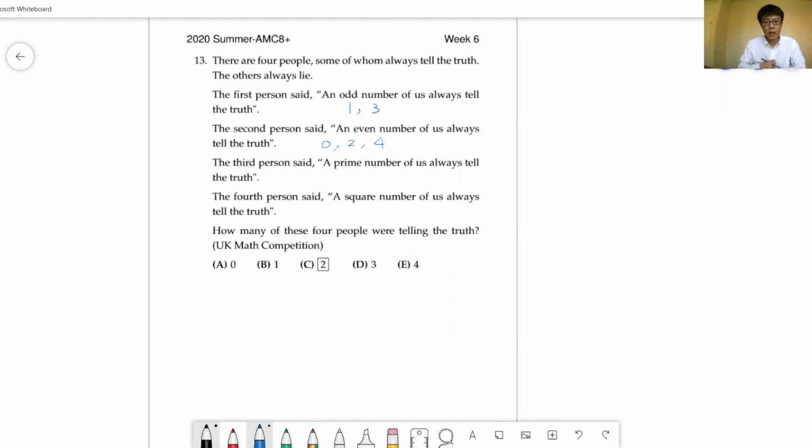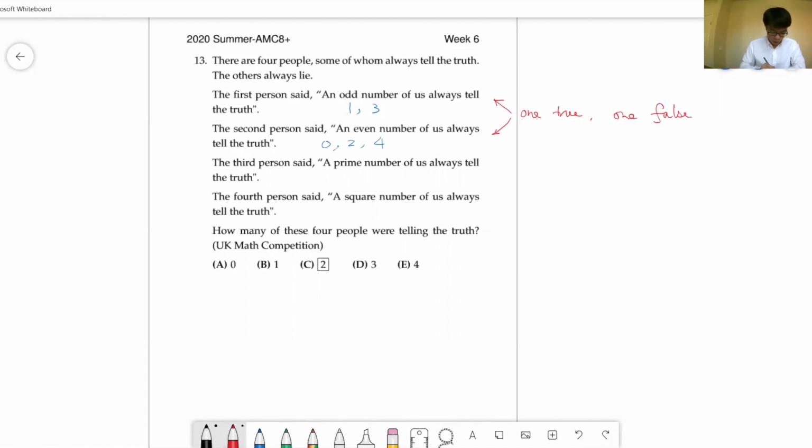They don't have any overlap, and that's all the numbers possible, right? So we conclude that for the first 2 persons, one statement is a true statement, and one statement is a false statement.